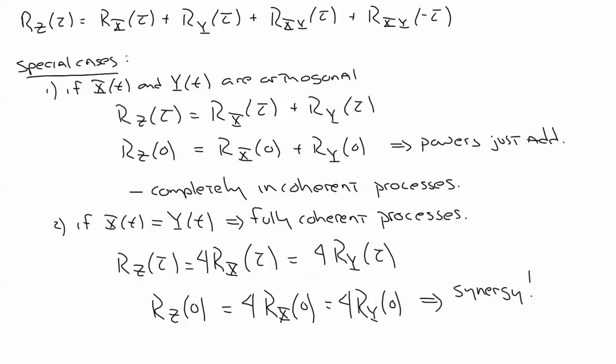The reason being that a beam splitter is what we call a field splitter or an amplitude splitter and not a power splitter. Again, I'm not going to go into any detail on that, but when I have fully coherent processes and I add them together, I get some synergy in the output relationships. I get more power out than the individual terms themselves carry.